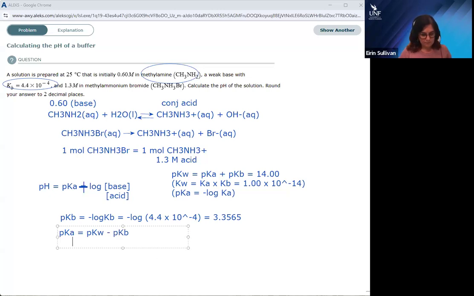So 14 minus 3.3 gives a pKa of 10.6435. That'll do. And it's a basic pKa, right? Remember, pKa is going to be approximately equal to pH for a buffer solution, for the buffer capacity. So that makes sense because it's a base buffer.